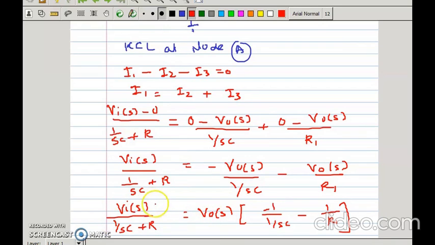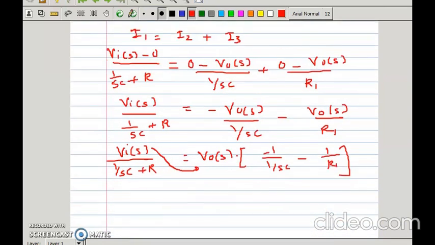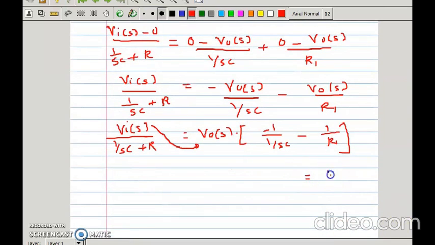Now see, can we take this VO of S to the division side, that is VO upon Vi, which becomes the transfer function, and this multiplication goes to the division side, right? We put Vi of S as it is. Now this is multiplication here, it becomes divide.